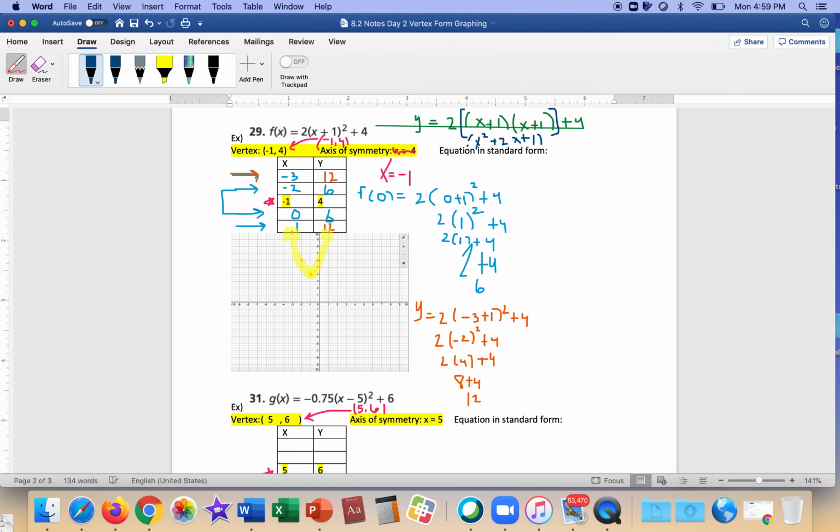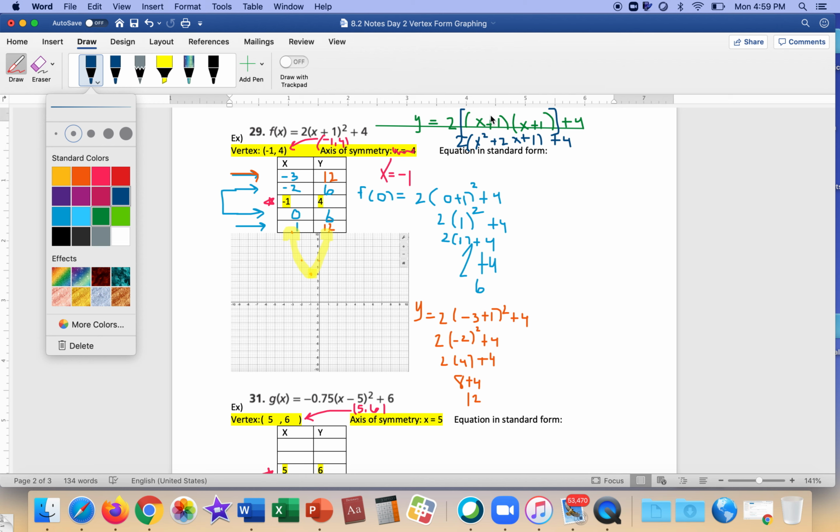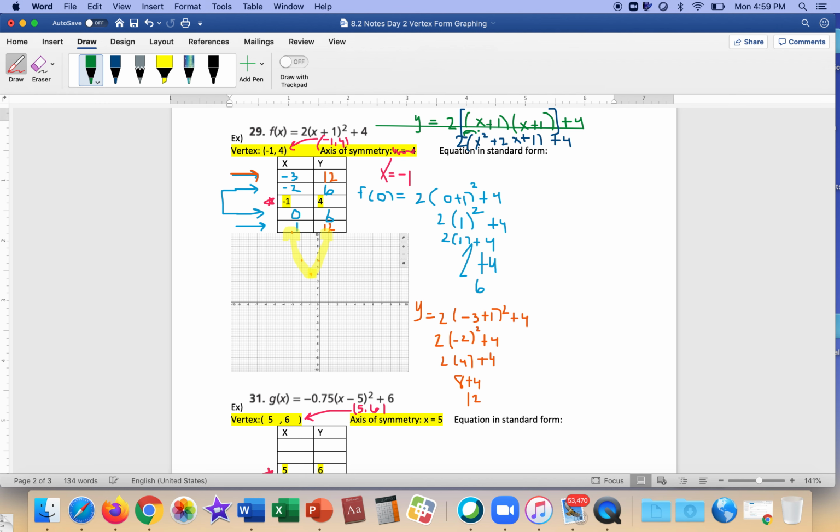We'll leave that inside parentheses. Now we'll distribute the 2, so it becomes 2x squared plus 4x plus 2, plus 4.